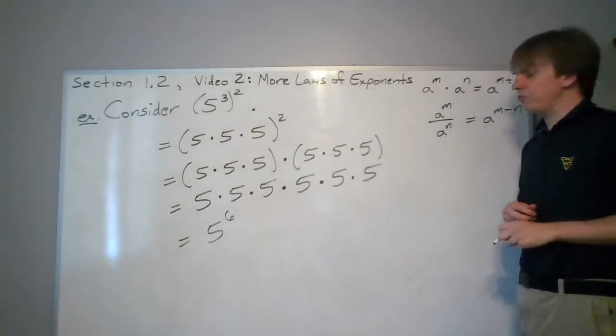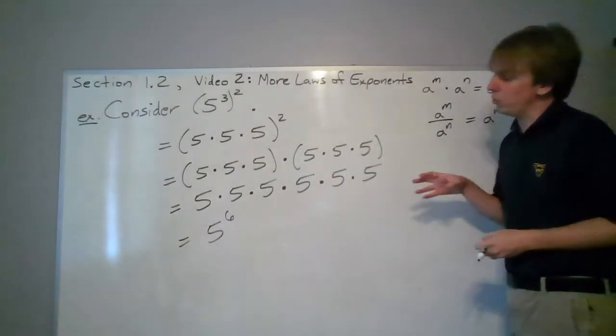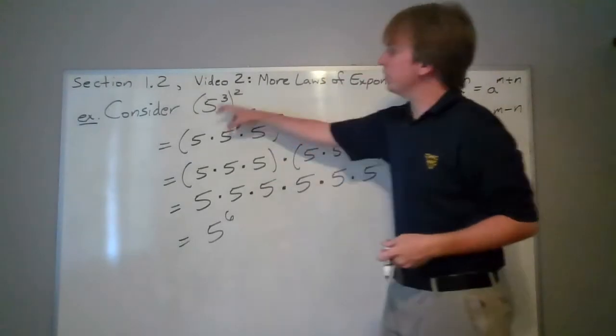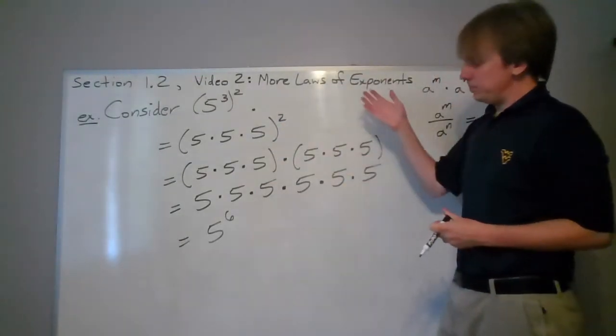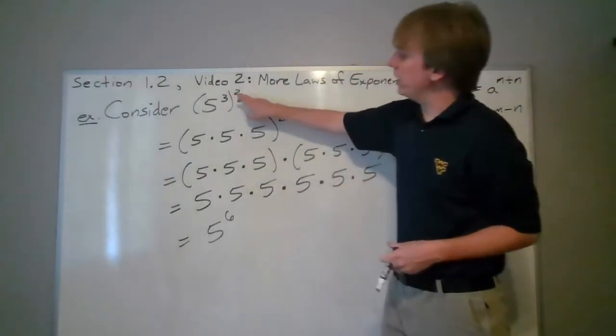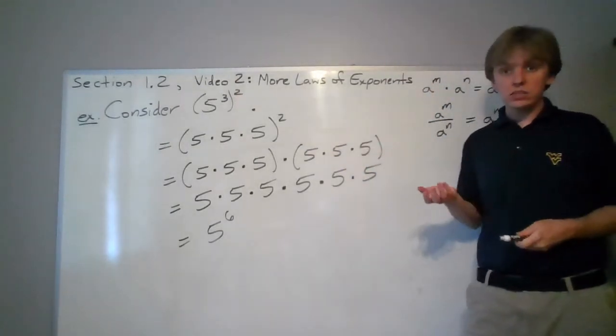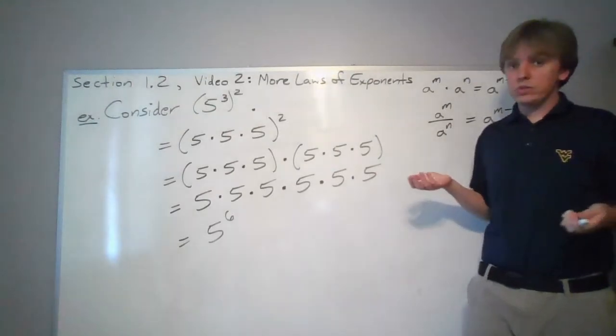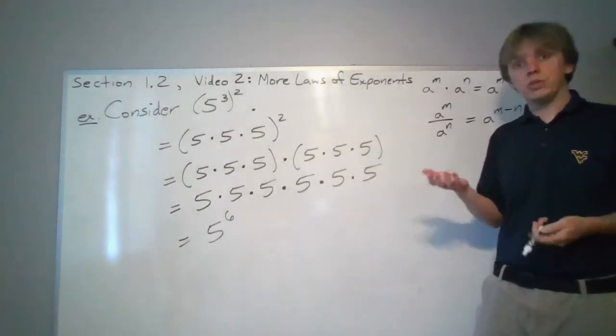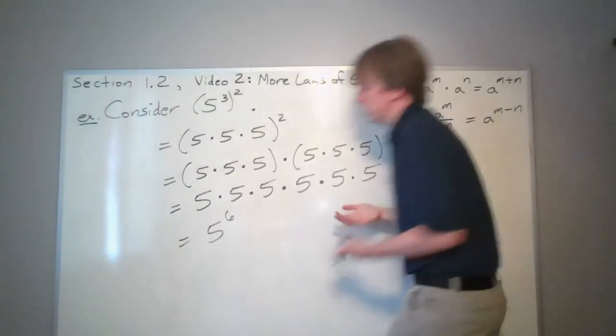Okay, so if we have 5 to the power 6, we want to see where did these numbers come from in the original formula. We had a power 3 and a power 2. How do 3 and 2 get put together to turn into a 6? 3 plus 2 would be 5, not 6. So it's got to be 3 times 2. It's the only way that makes sense.